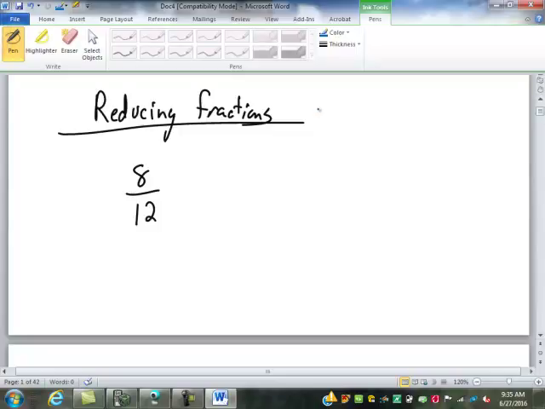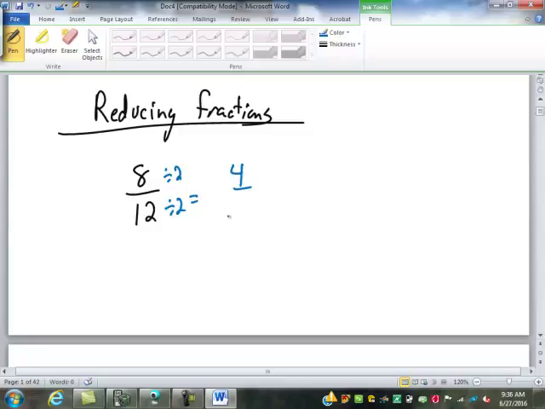Those were smaller numbers we could divide out. But what we found was we don't need to find a greatest common factor. We just need to find any common factor and start dividing it out. Here, the greatest common factor would be 4. But if we didn't see that, we could divide by 2.